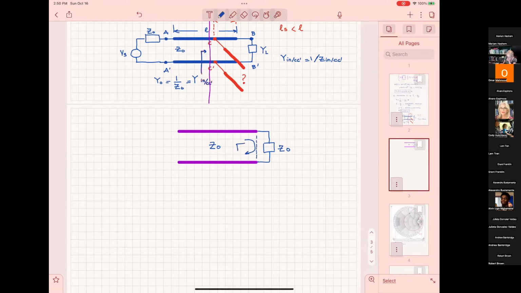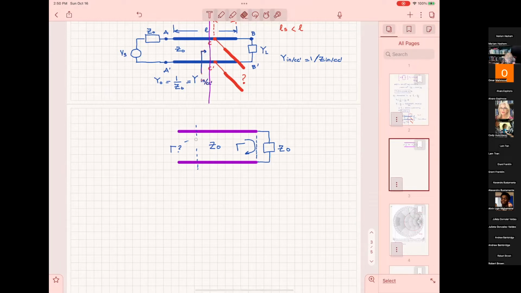If the reflection coefficient is 0 there, how much is the reflection coefficient here? It's not 0. It is 0. Why is that?